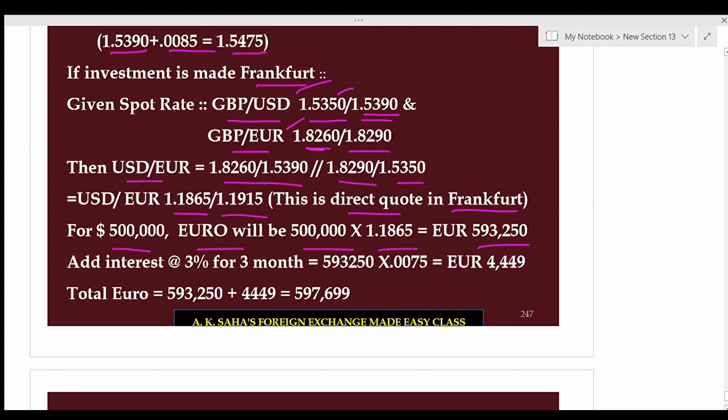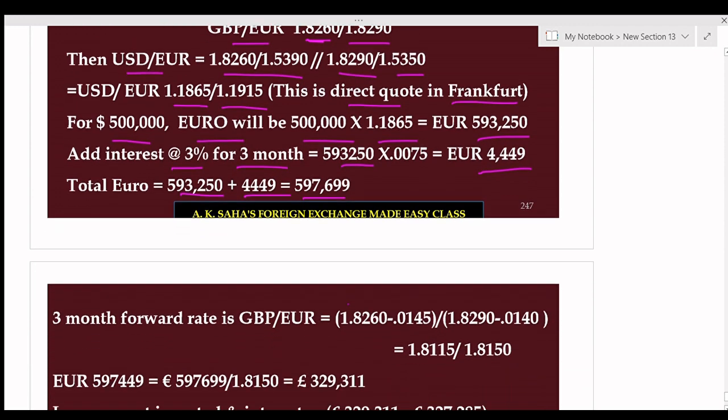Add interest at the rate of 3% for 3 months, that is euro 4,449. Total euro will be 5,93,250 plus 4,449 is equal to 5,97,699 euro. Then it will be converted to GBP.